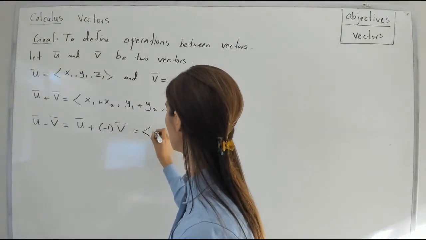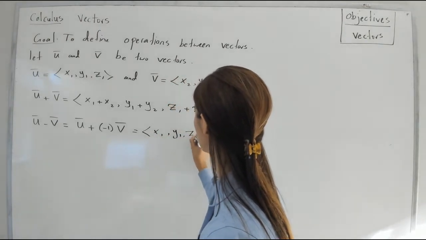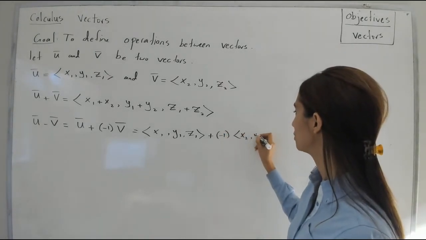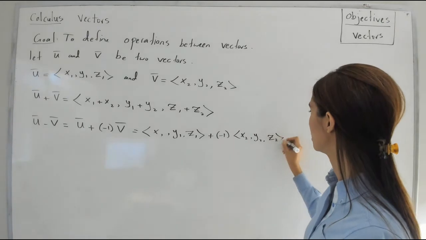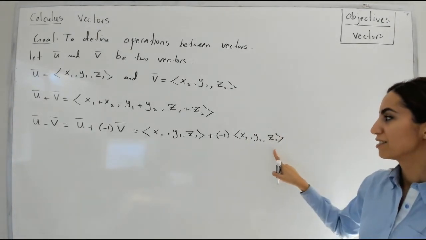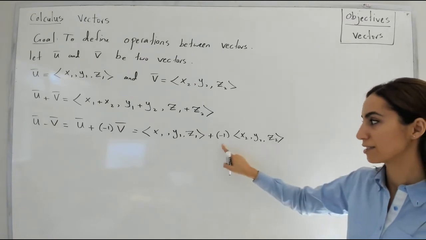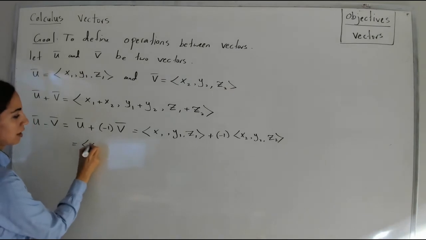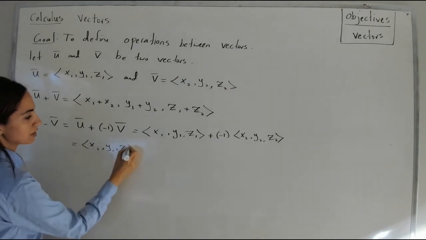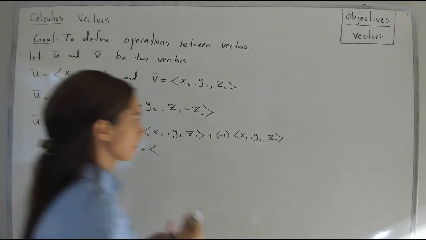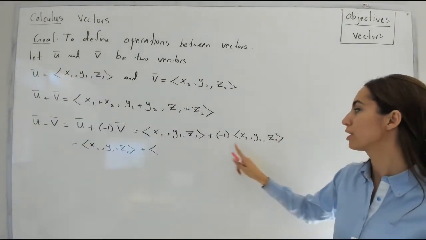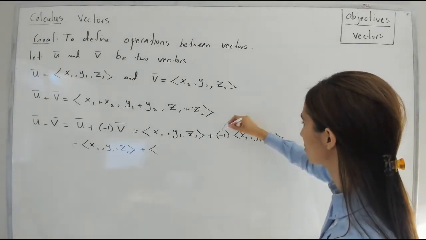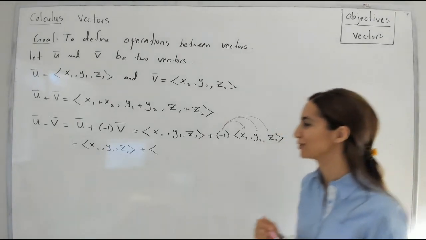So here you have x1, y1, z1 plus -1 times x2, y2, z2. Here we are using scalar multiplication, scalar and a vector. This is equal to x1, y1, z1 plus, well, we distribute this -1 into the components of the vector. -1 times x2, -1 times y2, and -1 times z2.